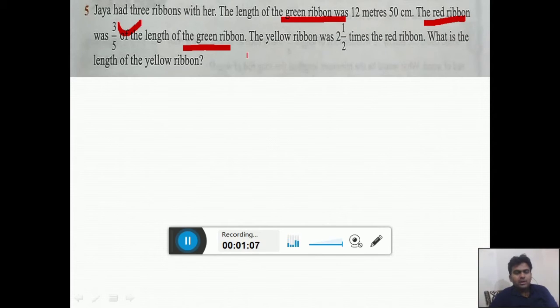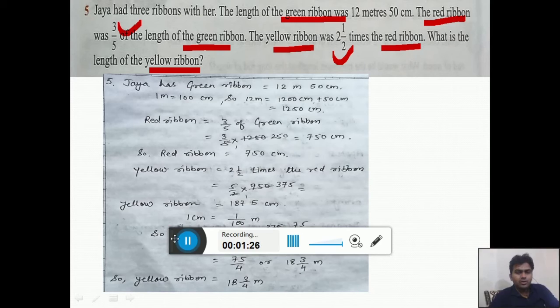Like this, the length of the yellow ribbon we will get by multiplying 2 complete 1/2 into the red ribbon. In this order we will get the length of the yellow ribbon. So now see the solution here.